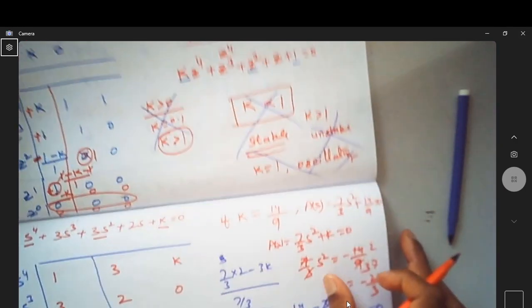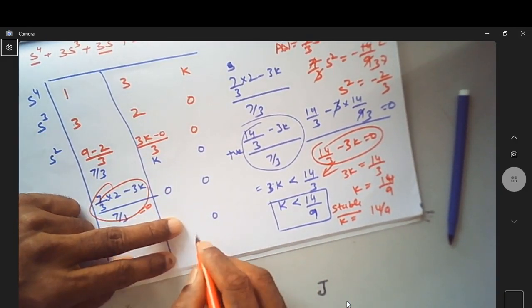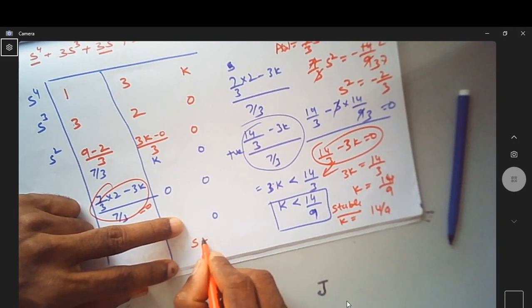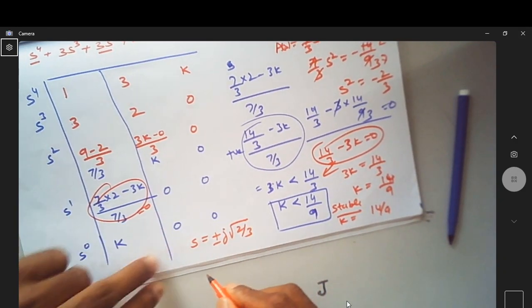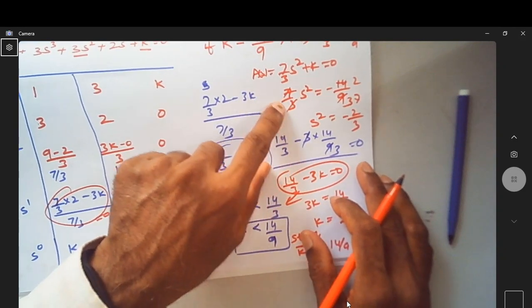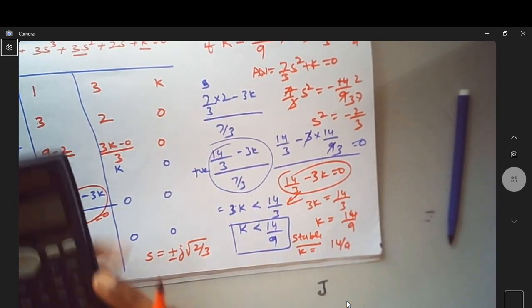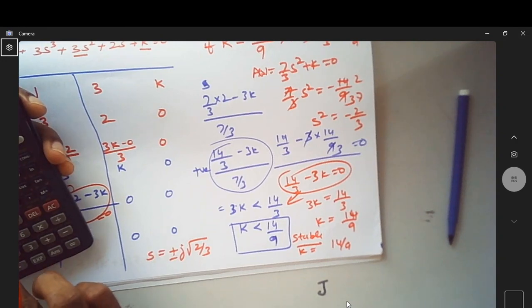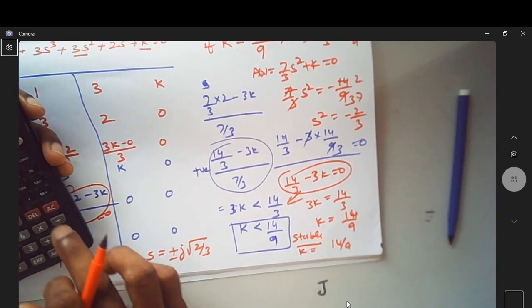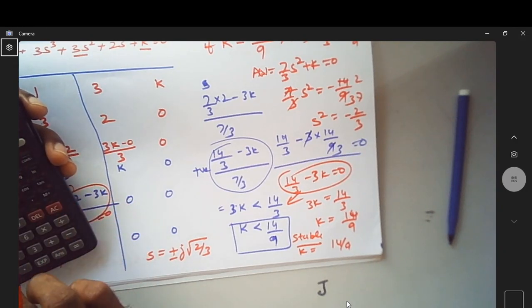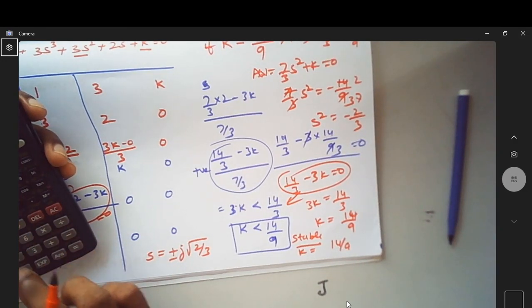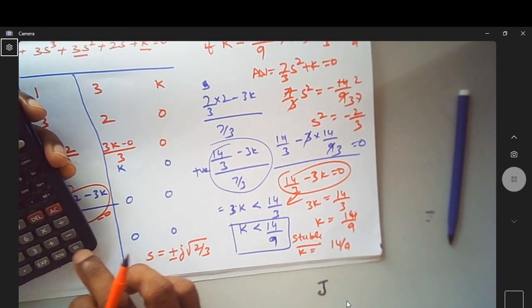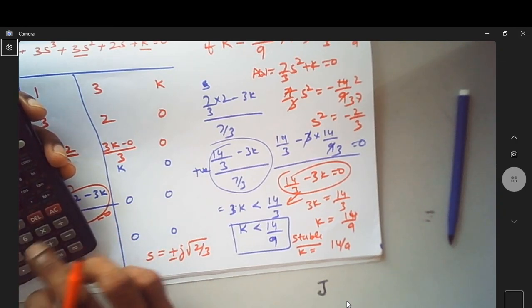So can we find what s is then? Are the roots of s equal to plus or minus j under root of 2 by 3? This is what you have. So now, am I correct? It is 14 by 9 divided by 7 by 3.